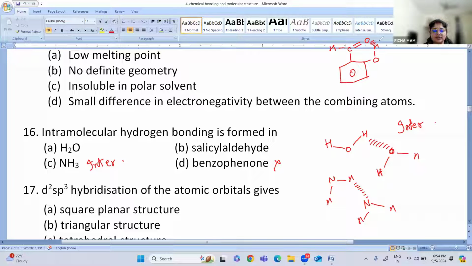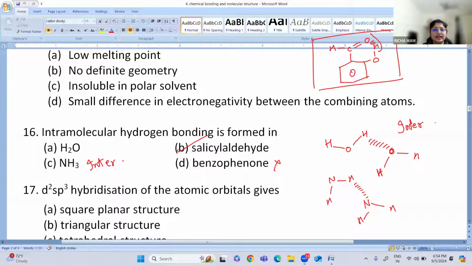So this is the structure of salicylaldehyde. Within the same molecule, you can see the hydrogen bonding is formed, right? So option number B is the answer. Intramolecular hydrogen bonding is formed in salicylaldehyde.